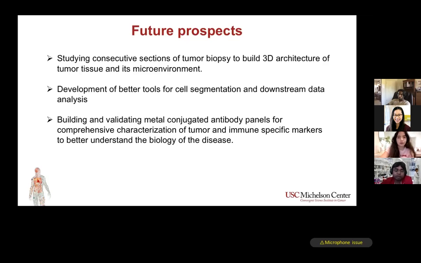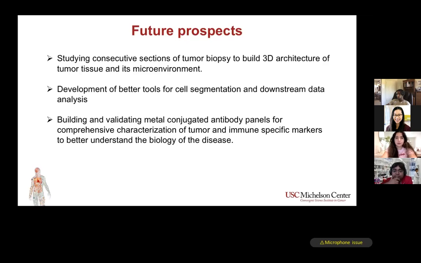What you can do is you don't lose spatial information. When you use flow cytometry or suspension CyTOF, you get a biopsy, you crush it into single cells, then you have a single cell suspension, you stain it and you run it. You can see all the markers, but what you have lost is the 3D architecture, or the spatial information, which is the power of imaging mass cytometry, that you can study and look into.